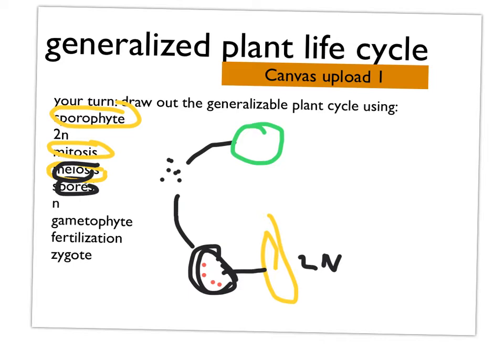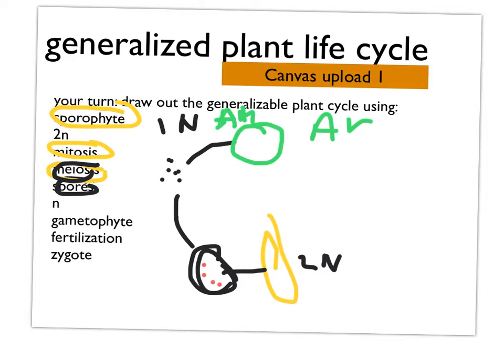The male parts are antheridium, and the other ones are archegonium, and that's the female parts, and these are all 1n, by the way. And they produce gametes.